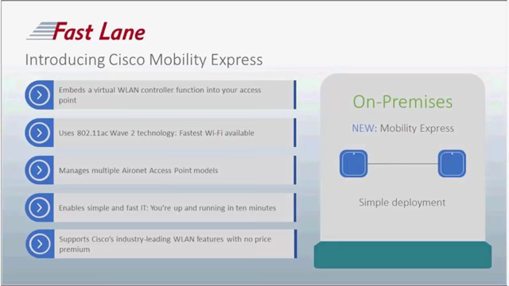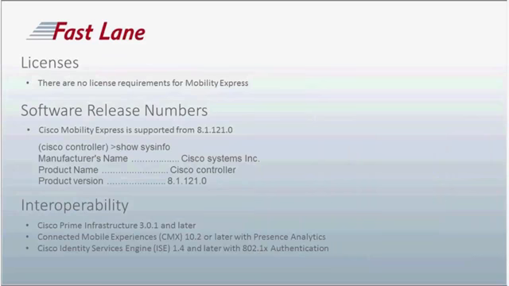There's no price premium for it either. As far as these access points are concerned, you will buy them in the normal way. There is no extra cost for turning these access points into a wireless LAN controller. In fact, this solution can support up to 25 access points with no additional licensing whatsoever.